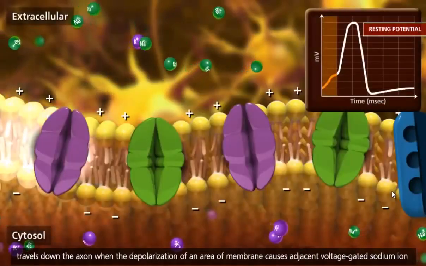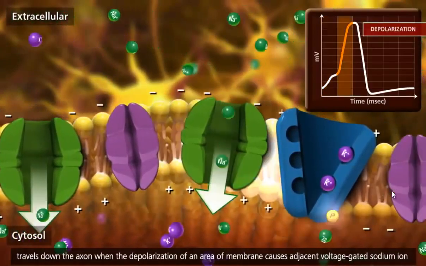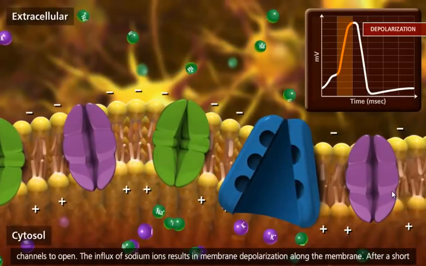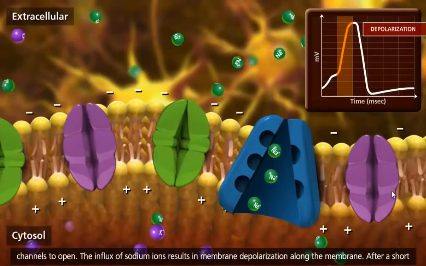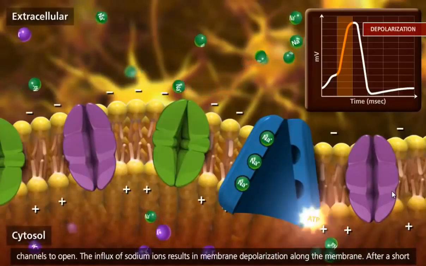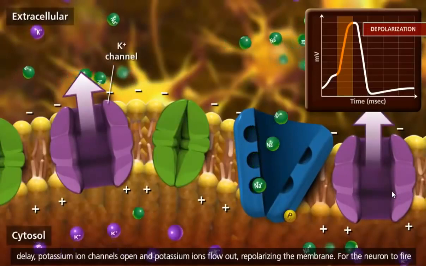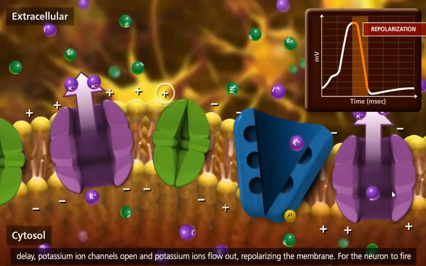The action potential travels down the axon when the depolarization of an area of membrane causes adjacent voltage-gated sodium ion channels to open. The influx of sodium ions results in membrane depolarization along the membrane. After a short delay, potassium ion channels open and potassium ions flow out, repolarizing the membrane.